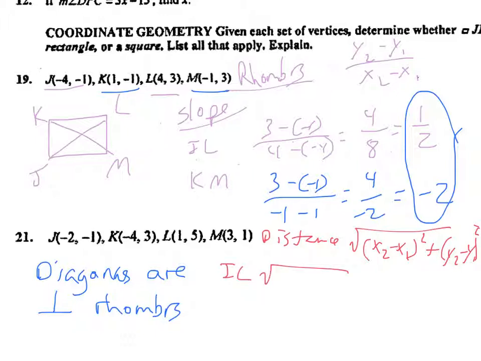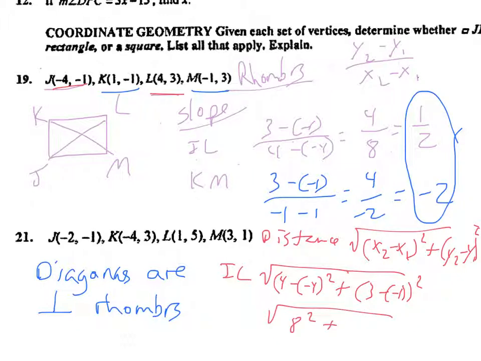So JL, we have 4 minus negative 4 squared plus 3 minus negative 1 squared. We end up with 8 squared plus 4 squared, which is 64 plus 16, or square root of 80. So that's the distance of JL.